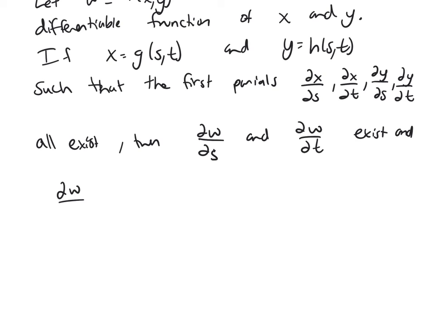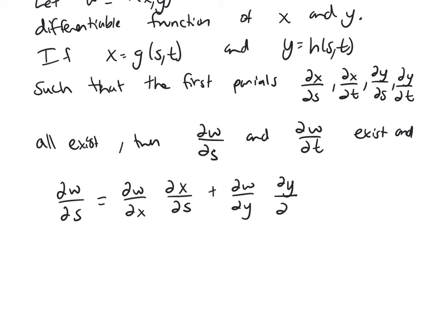The partial derivative of w with respect to s is the partial derivative of w with respect to x times the partial derivative of x with respect to s plus the partial derivative of w with respect to y times the partial derivative of y with respect to s.